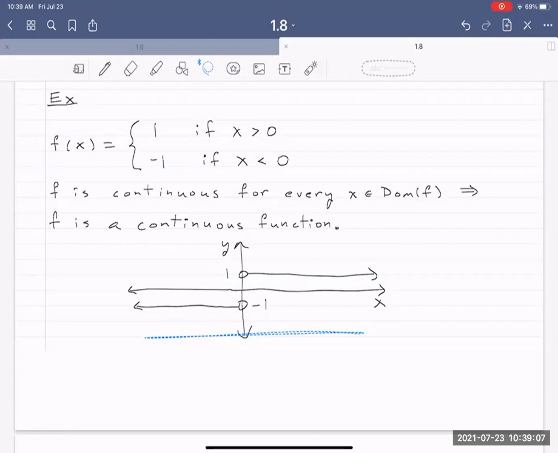So again, when you say just the word continuous at a point or on an interval, then you look either at that point or on that interval. If you have the word function, then you only look in the domain. So when you attach this word function, this is where you have to put on your blinders, and you only look where your function is defined. Okay.